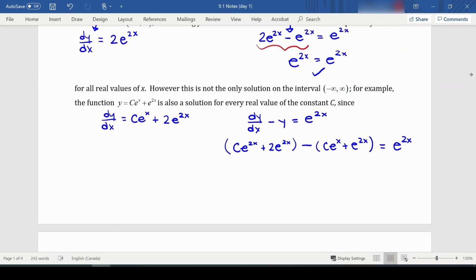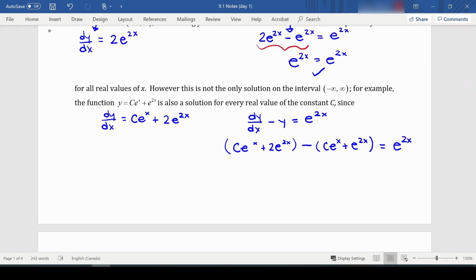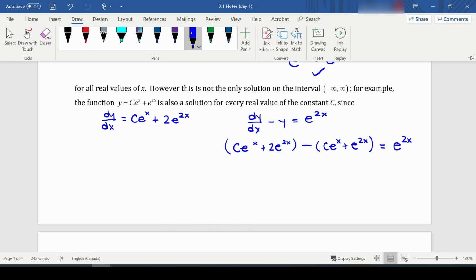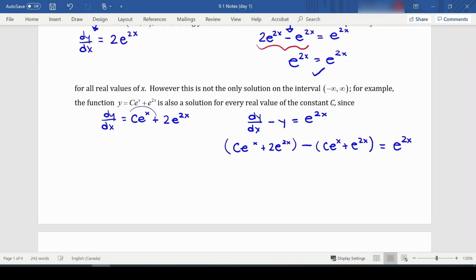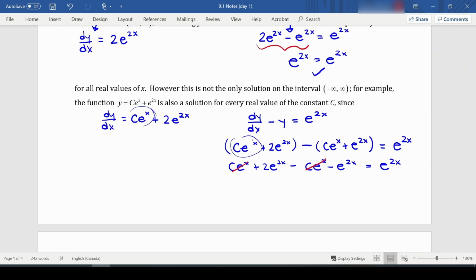When we do that, I realize I've made a mistake here. Again, I've put e to the 2x in my exponent. I should just have e to the x in my derivative here. So when I do that, I get c e to the x plus 2e to the 2x minus c e to the x minus e to the 2x equals e to the 2x. And you'll see that your c e to the x's cancel out.